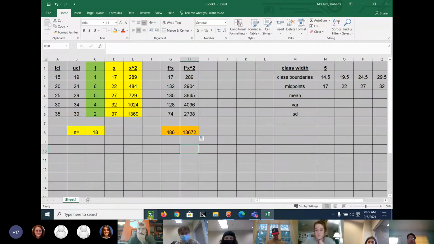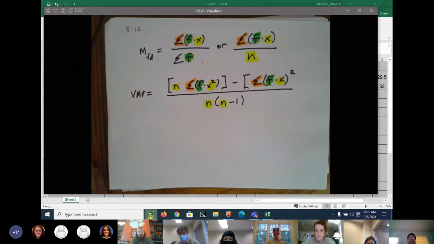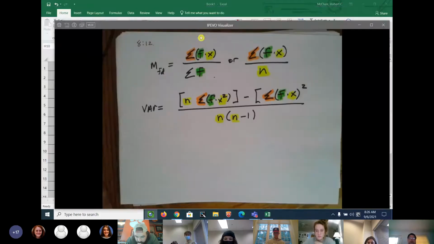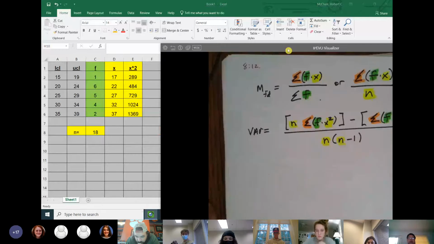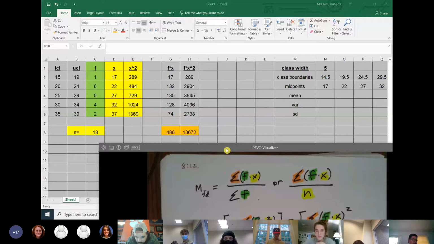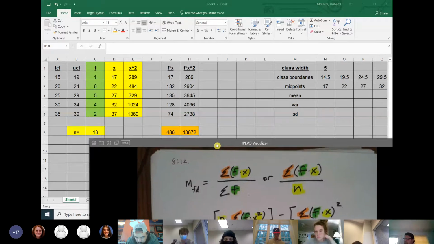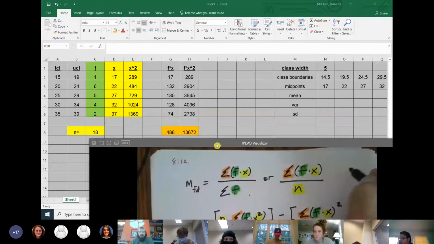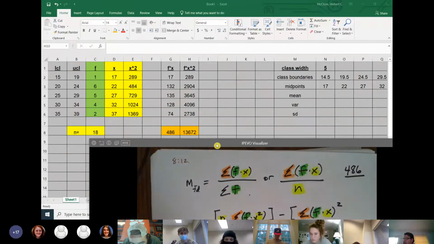I'm going to go over to my formula right now and plug and chug. Summation of f times x is 486, so 486 goes right here, and 18 goes right there.